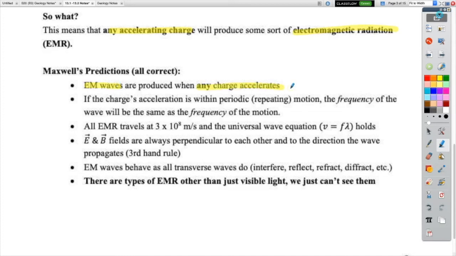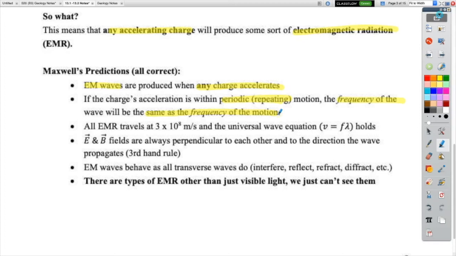Now, if the charge's acceleration is periodic or repeating motion, right, basically vibrating up and down or circular or whatever, but some kind of motion that is repeated, then the frequency of the wave will be the same as the frequency of the motion, right? So if something is vibrating up and down at 500 hertz, then the frequency of the wave it produces will also be 500 hertz.